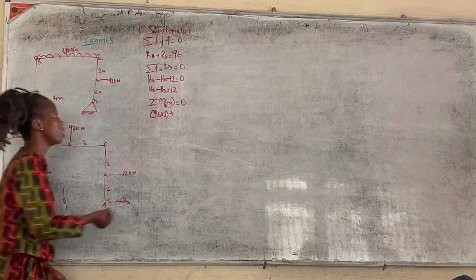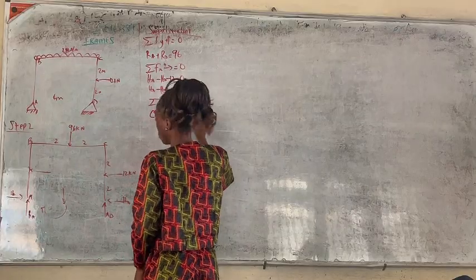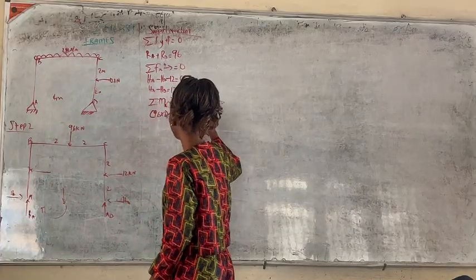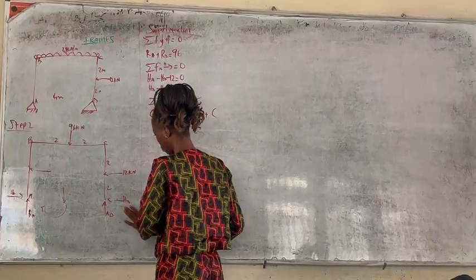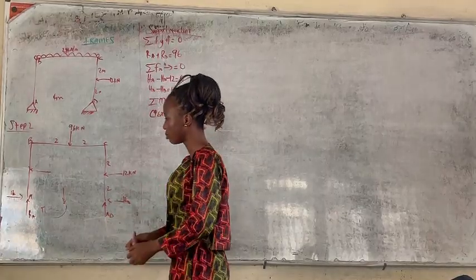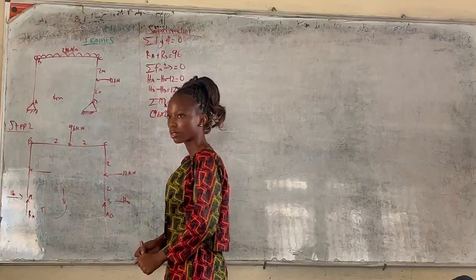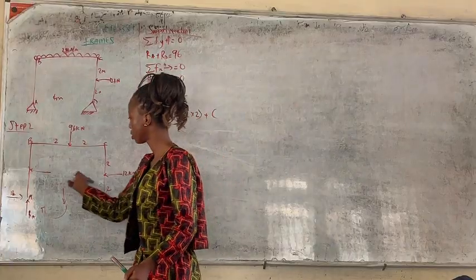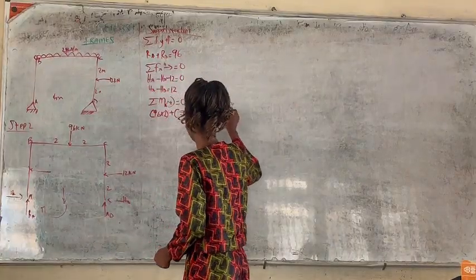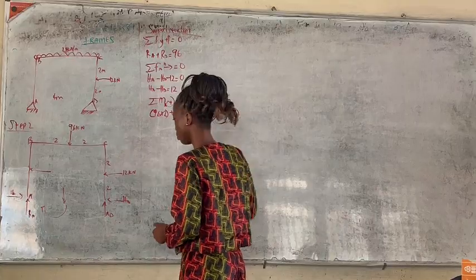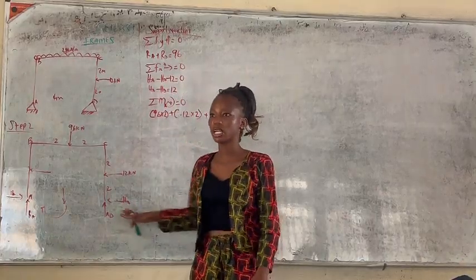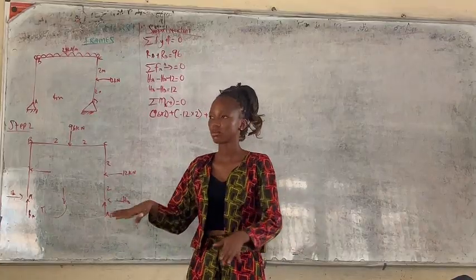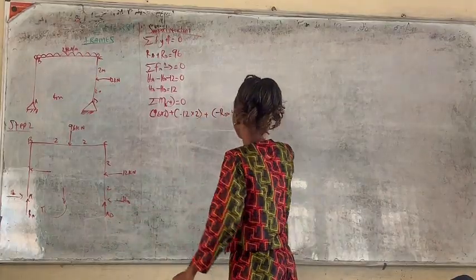Anti-clockwise. So you have negative 12 times 2, plus, now, RD. RD is coming like this, so minus RD times 4. HD would not have any effect, because they are both on the same horizontal line. So it's equal to 0.